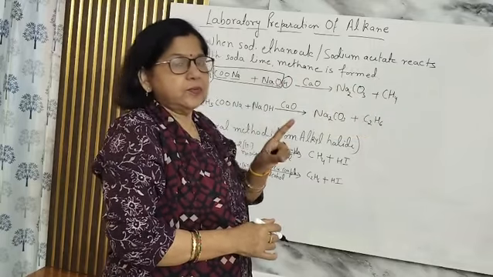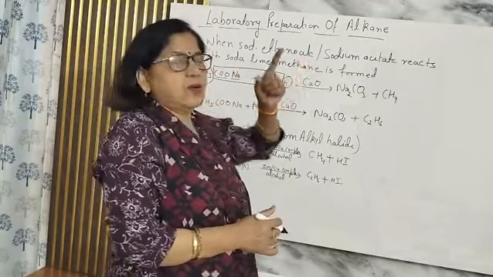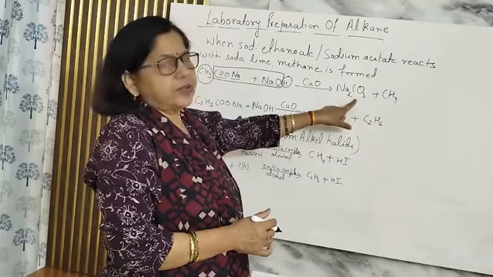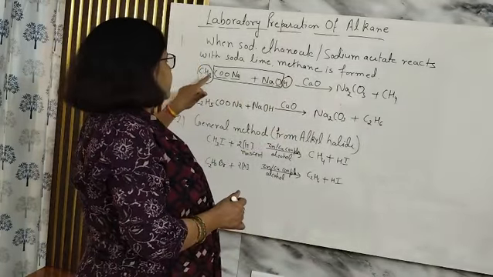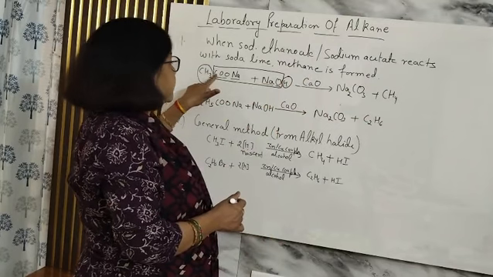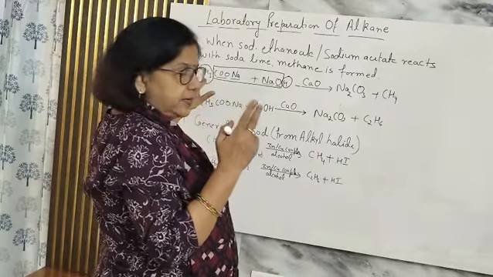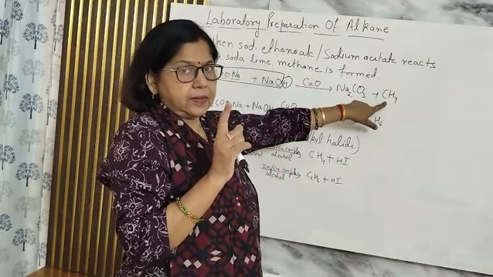Now the point to be noted, children, is that in this reaction there is a loss of one carbon atom in the form of CO3, right? How come? See, in the reactant we have taken two carbons, CH3COONa. So in the reactant we had two carbons, but in the product we are getting the hydrocarbon with one carbon atom only.